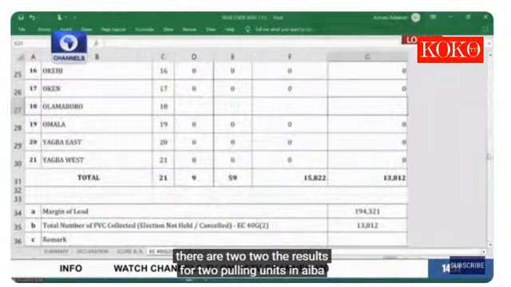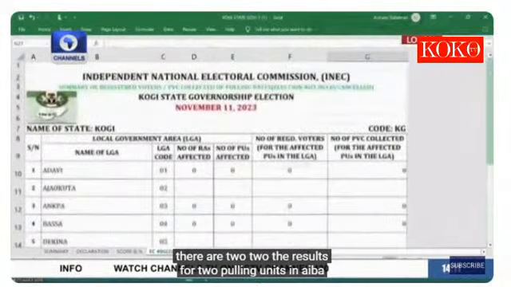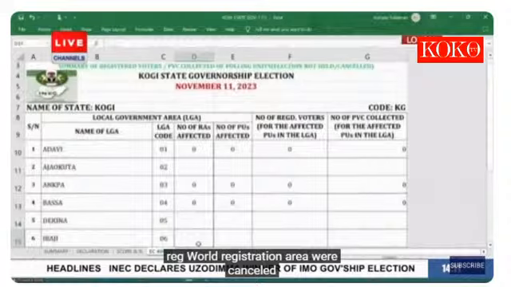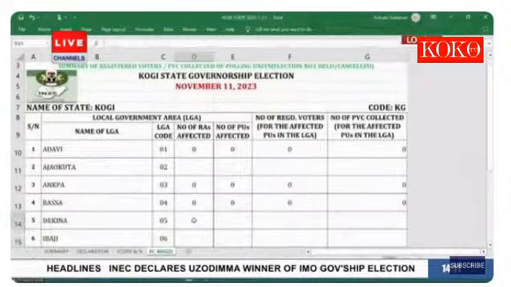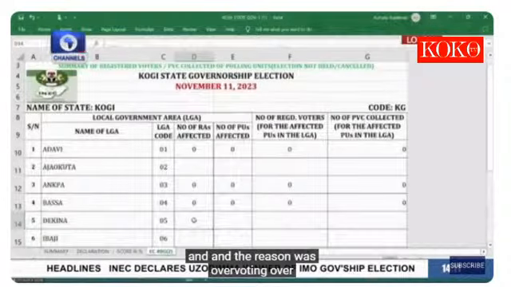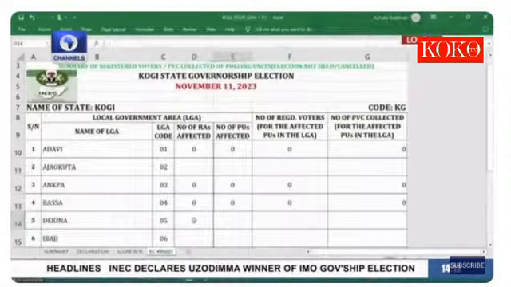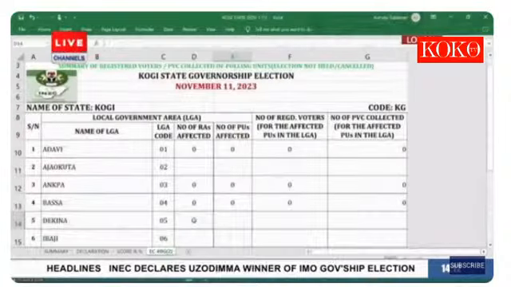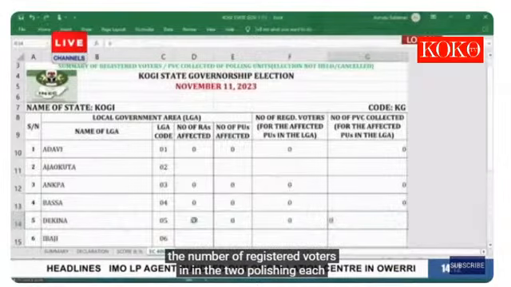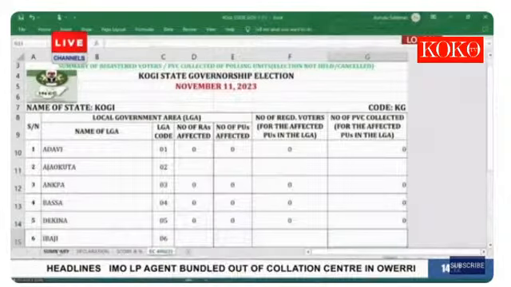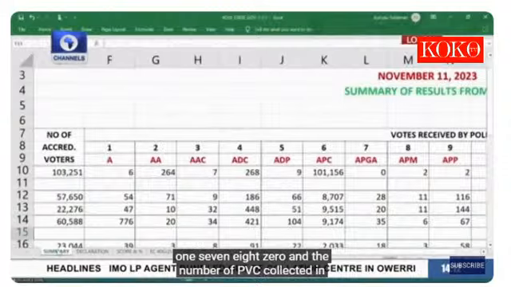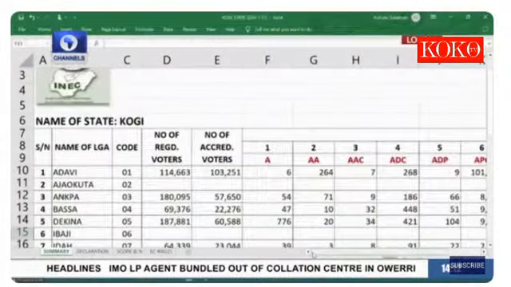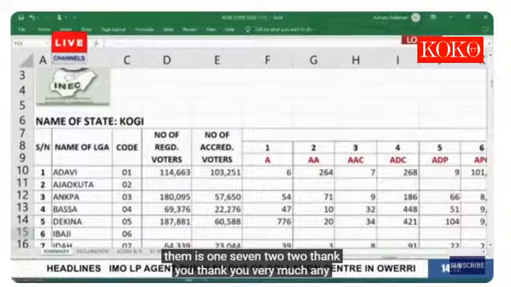The results for 2 polling units in Aiba ward registration area were cancelled, and the reason was overvoting, so they were given 0. The number of registered voters in the 2 polling units is 1,780, and the number of PVCs collected in them is 1,722. Thank you very much.